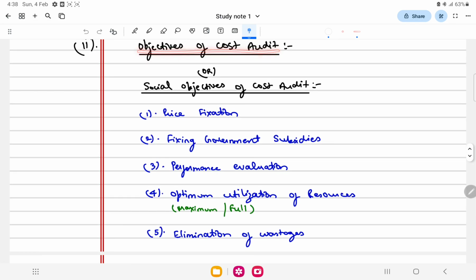What are the objectives or social objectives of cost audit? The question may be asked either way.